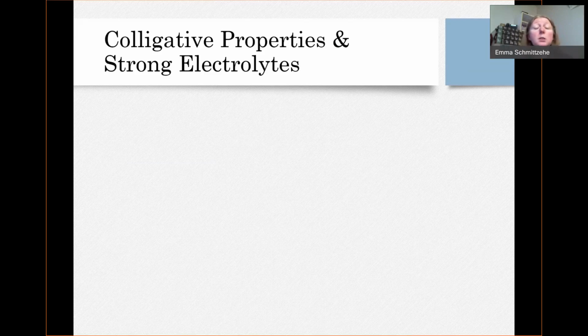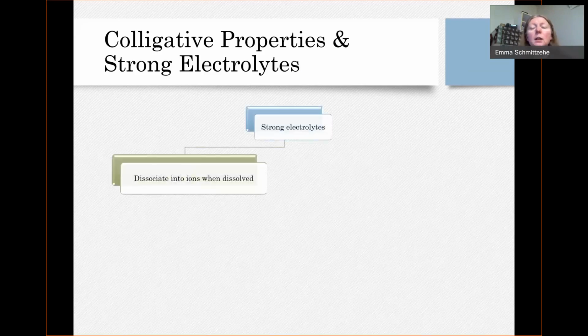So strong electrolytes break up completely, right? They break up into ions, meaning we put in a certain number of things and now we have more. If it breaks into two things, now we have twice as much as what we put in, and you've got to be aware of that.